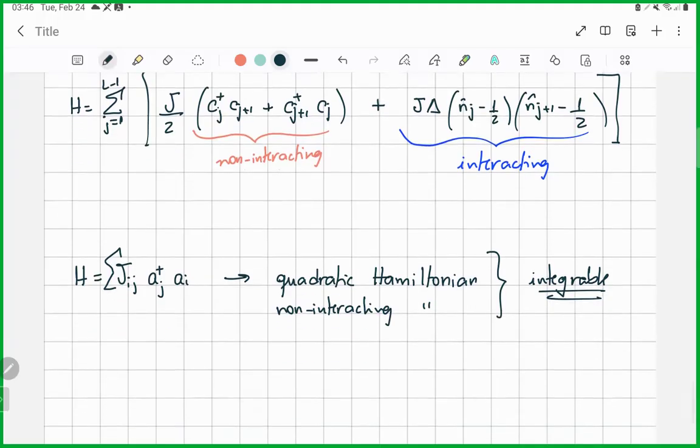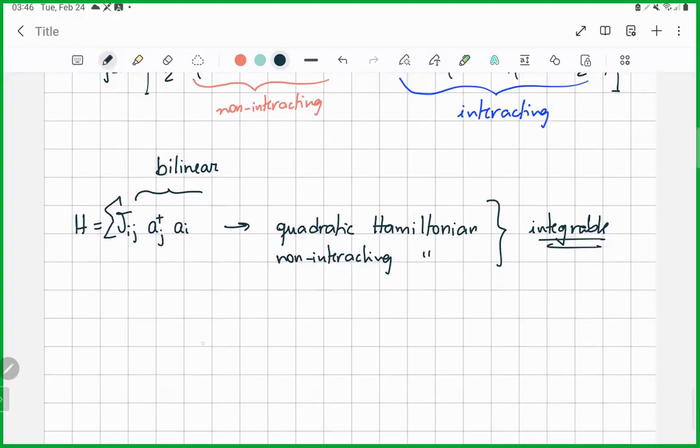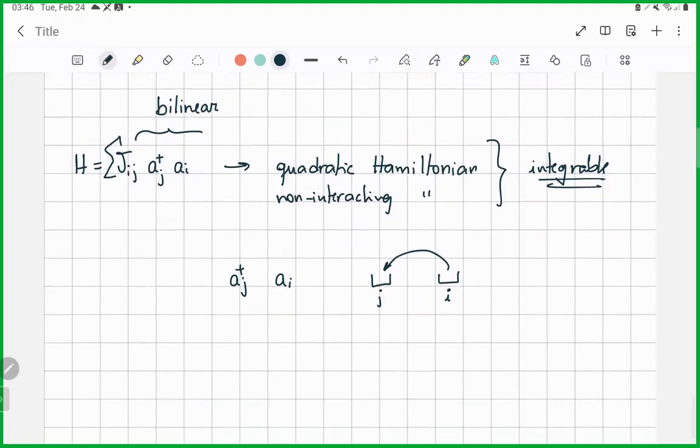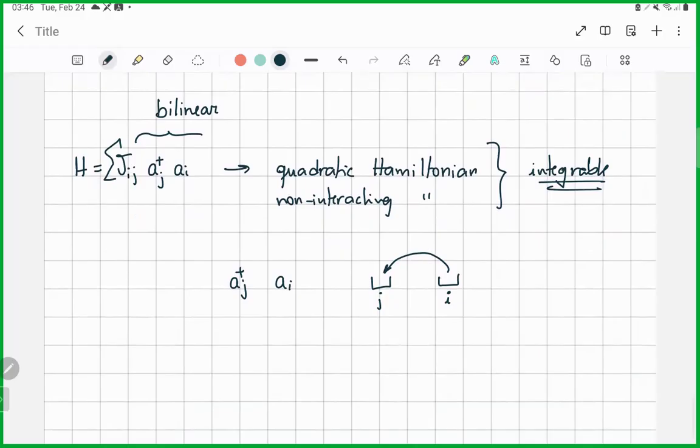And why do we say that bilinear terms like that just indicate non-interacting terms? Because all that we are doing here, well, if this is a hopping term, all that we are doing is taking the particle out of site i and putting it on site j. There is no information about the sites around. There is no information about the particles around. This particle is moving freely. Okay, so it's like a single particle moving freely.